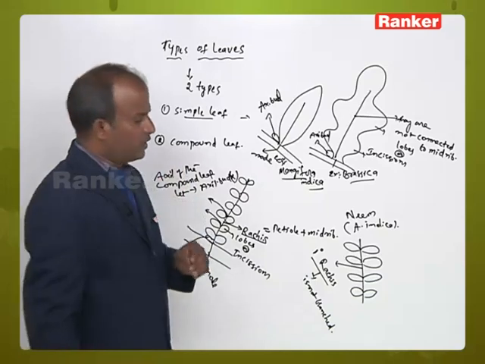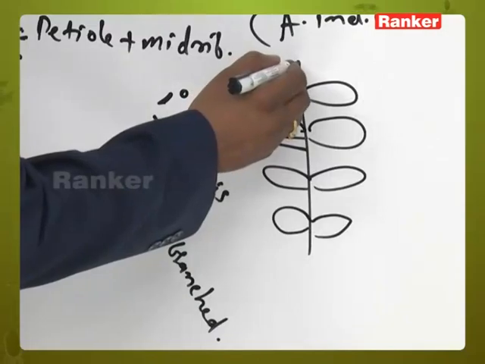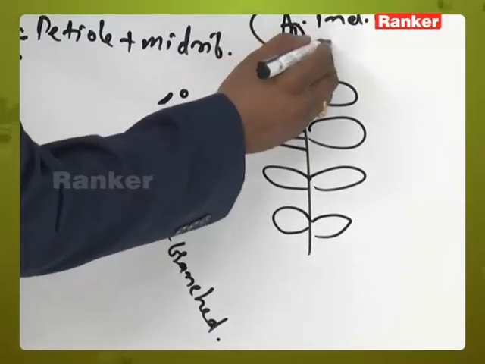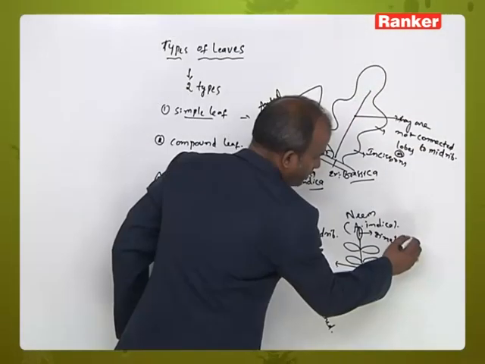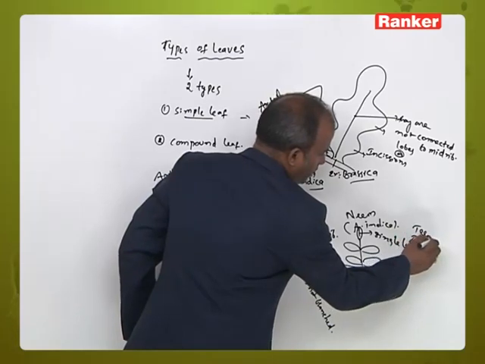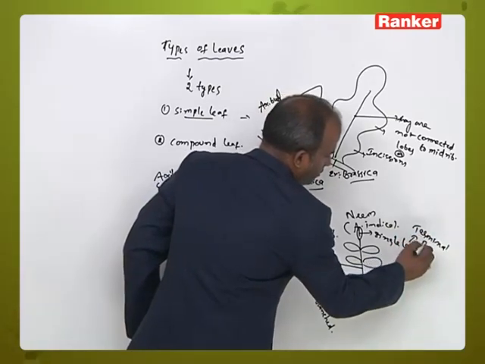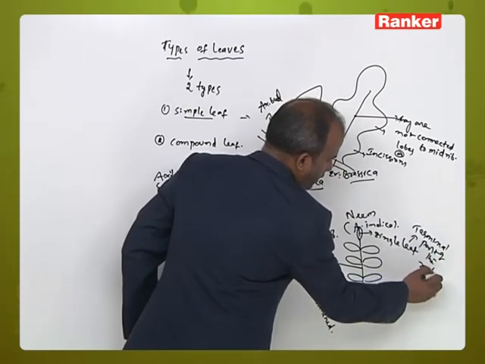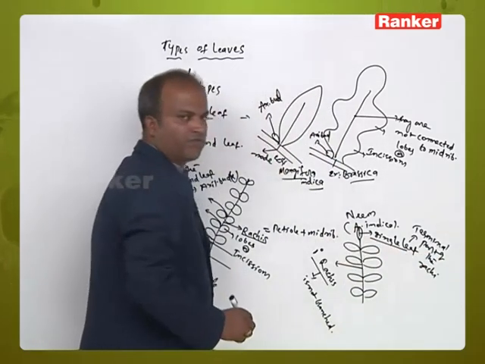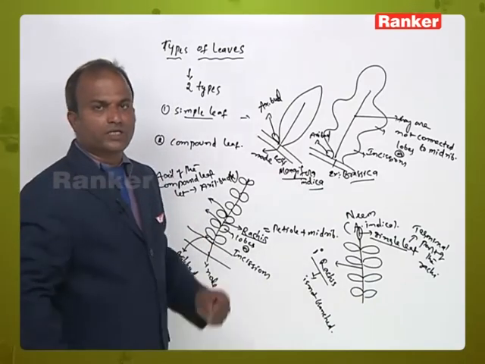And one more thing here: the terminal part of the rachis ends with a single leaflet.